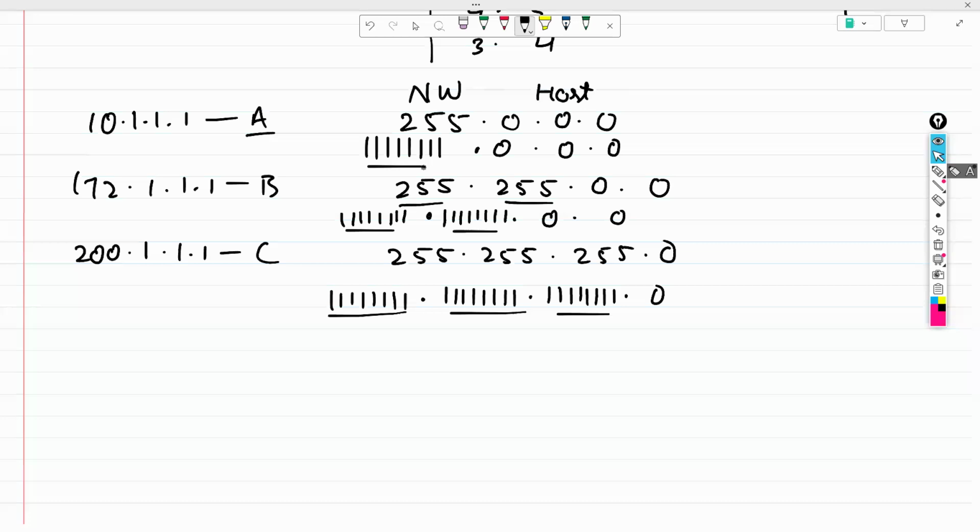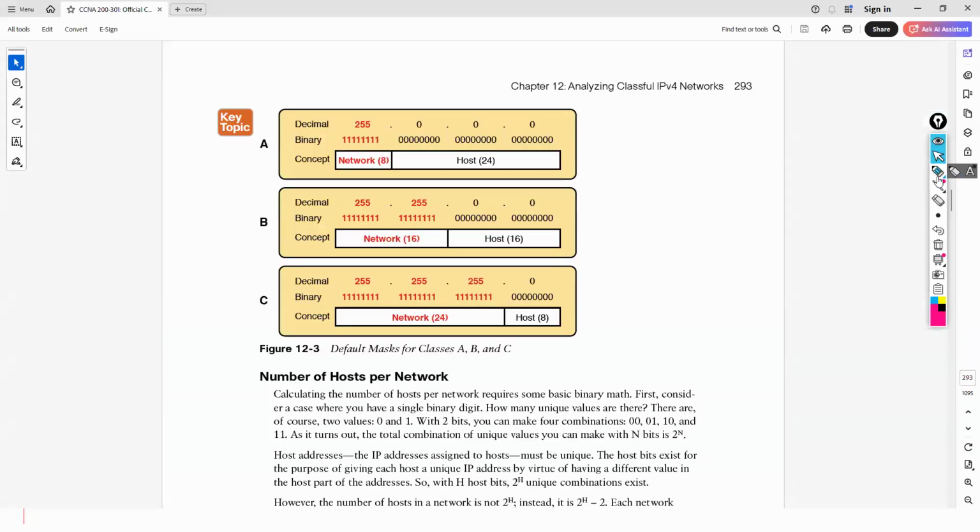Clear? Any problem? In order to even better understand it visually, I'll show it over here. So you can see here, for class A, any IP address that I write of class A, 11.11.11.11, I will always write along with its equivalent address mask, that is 255.0.0.0.